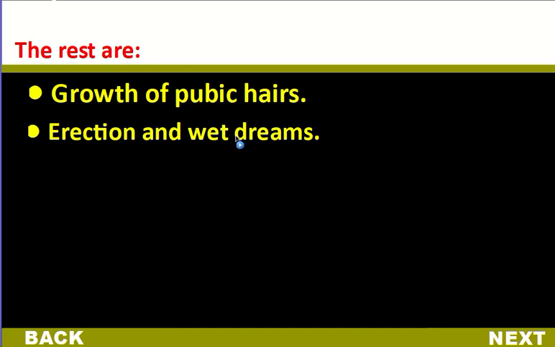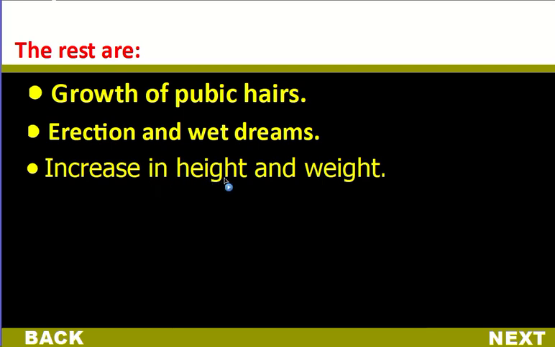So men begin to have erection at this age, at the age of puberty, and then because the testicles are producing and storing the sperm, they will have wet dreams. Wet dreams is when you are asleep and you dream that you are having sex and then you ejaculate. That is a wet dream. So you wake up and you see that it has happened. You have actually released the sperm, and that is wet dreams.